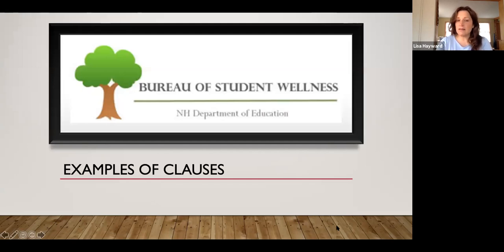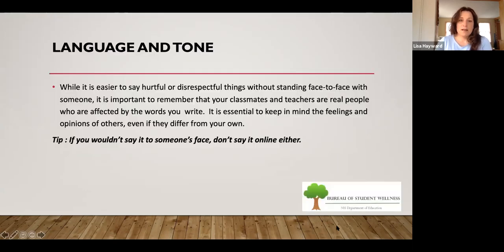So let's take a look at some examples of what you might put in a netiquette. And these are just kind of a high school level list, but make sure it's age appropriate for what you teach. Here's one, language and tone. Call your clause language and tone.